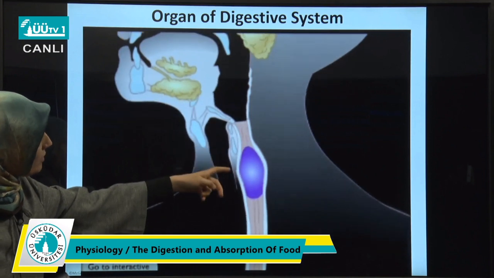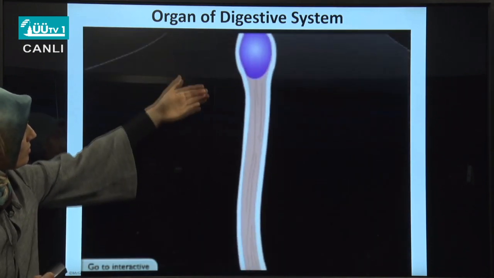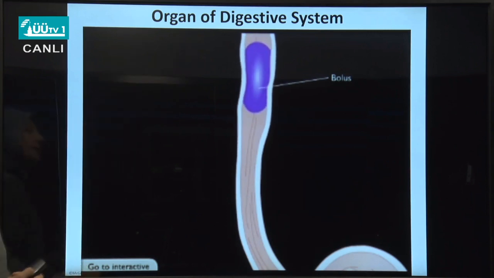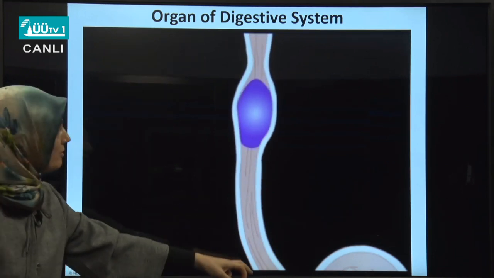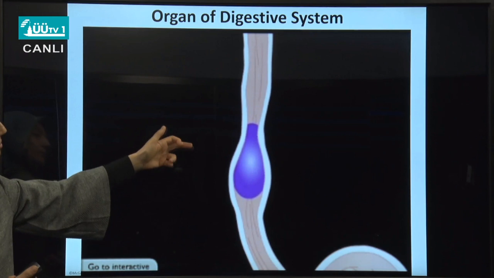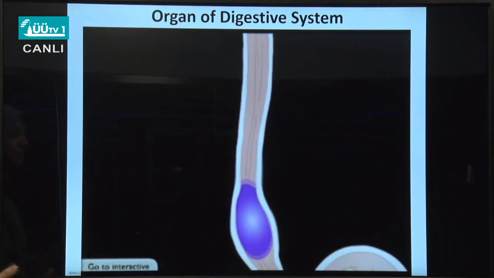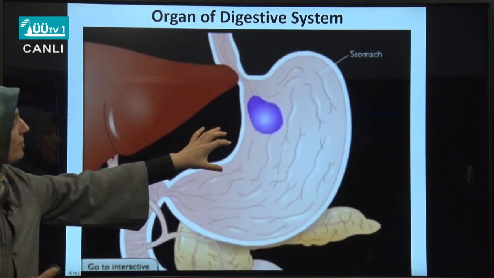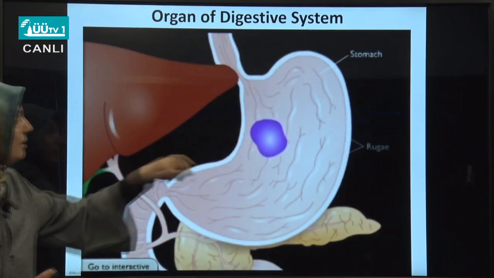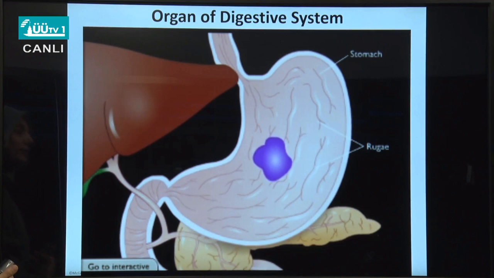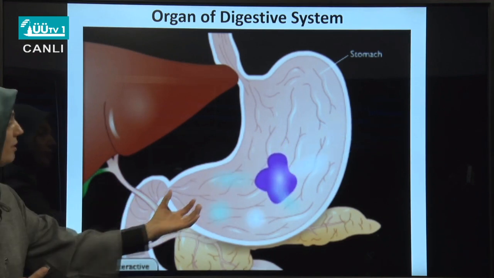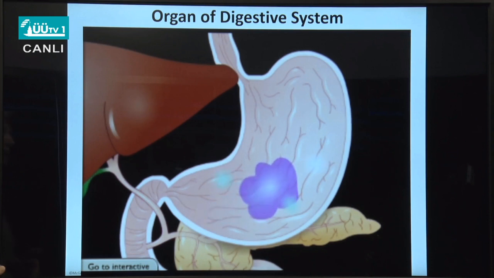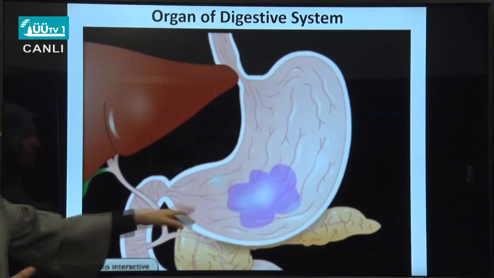And then the food, now called a bolus, moves through the esophagus. The esophagus is the place where the pharynx and the stomach are connected. And then the bolus reaches the stomach. When it reaches the stomach, it causes a distension in the stomach wall, causing the secretion of hydrochloric acid and also the hormones which are involved in digestion.